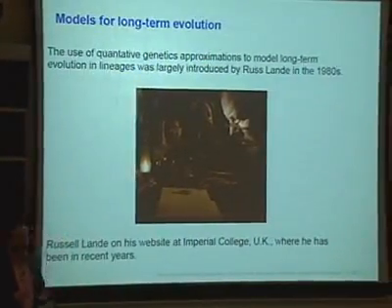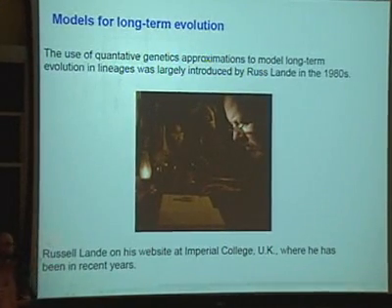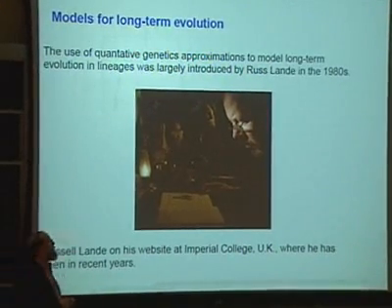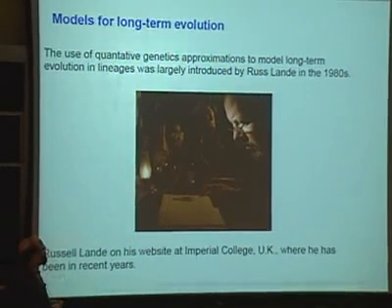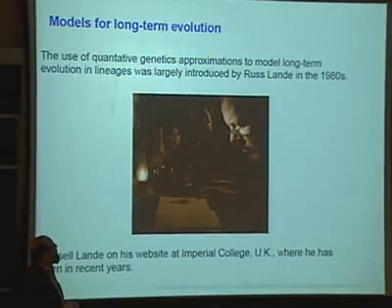But the person who really used the Brownian motion model most effectively was this guy, Russ Lande, who was recently at University of California, San Diego, but now he's at Imperial College in Britain.